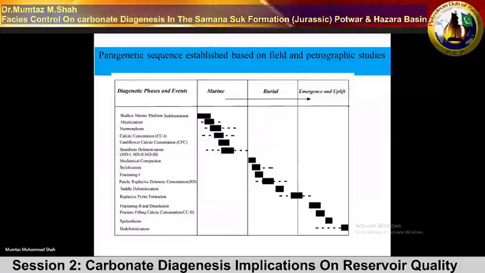In the early diagenetic stages, we have dolomite and calcite cementation as matrix dolomite, followed by mechanical compaction and saddle dolomite formation in the burial stages, whereas the late stage phenomena are interpreted as fracturing, dissolution, calcite cementation, and de-dolomitization.